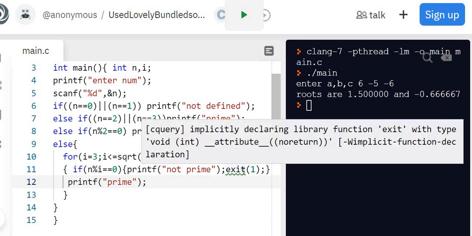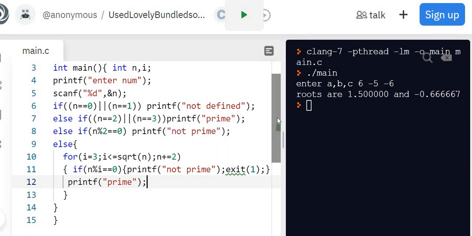Here it is giving error because to use exit, we have to include the stdlib.h header file.